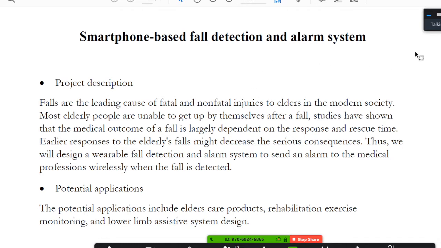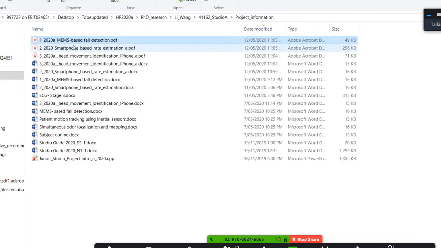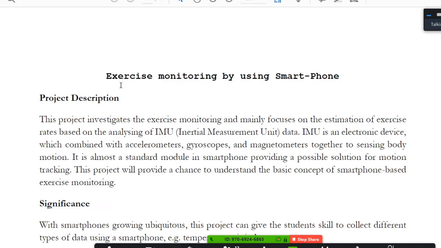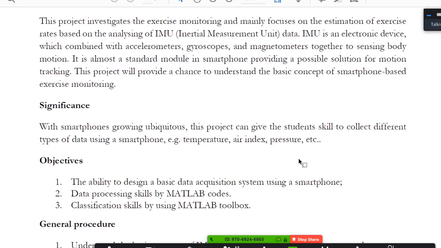So this is fall detection, but the next one, I think, is rate estimation. So when you do exercise, that's the second one, exercise monitoring. Basically, you put the IMU on the body, and when you do exercise monitoring, one important thing is that you want to estimate what kind of exercise you are doing.